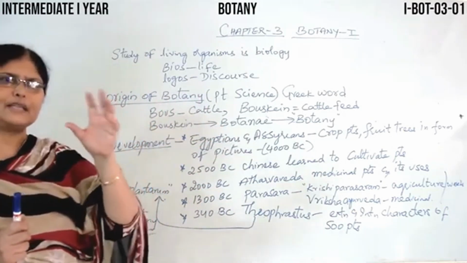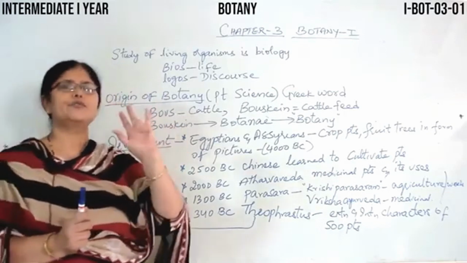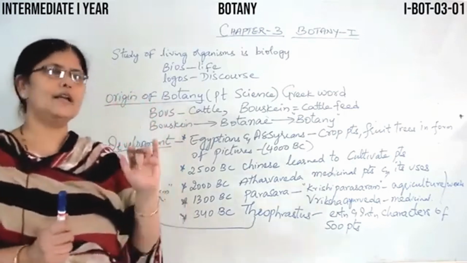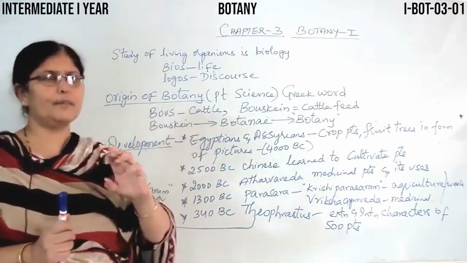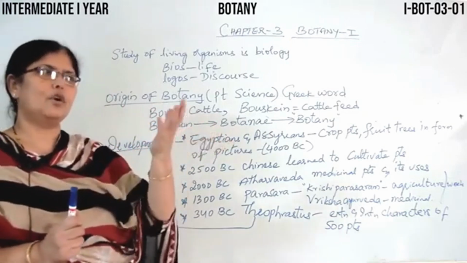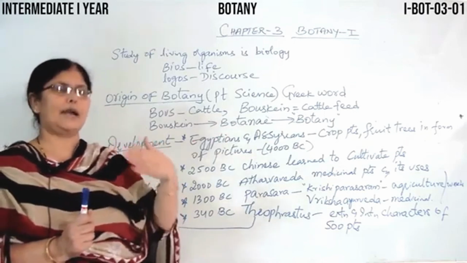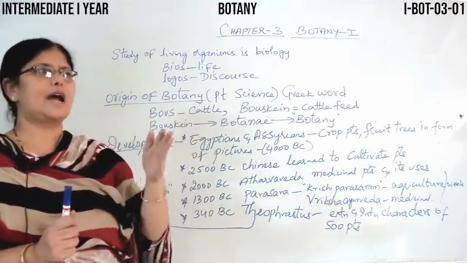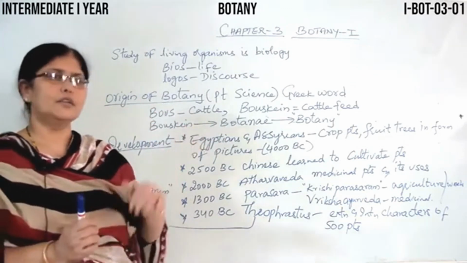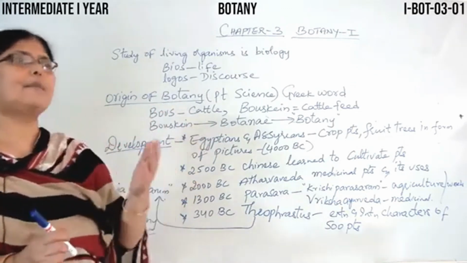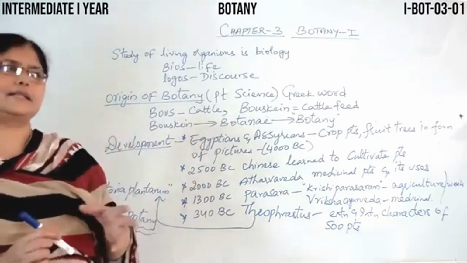These three basic primary needs made man realize which plant is useful for them and which is not. So, to cater to that basic need, human beings started growing plants based upon their needs. From that time, the development of botany or the plant sciences has begun.